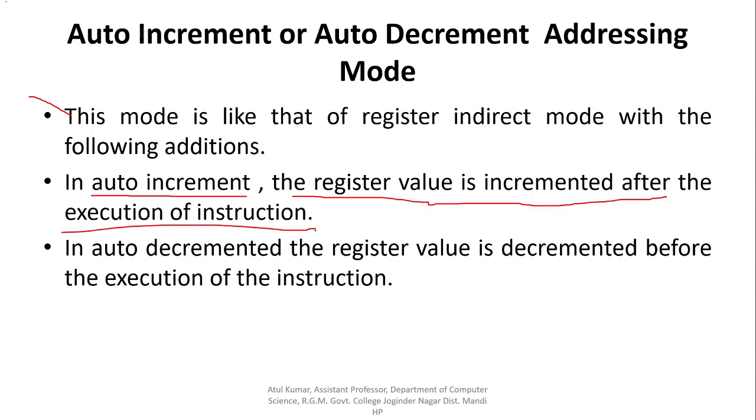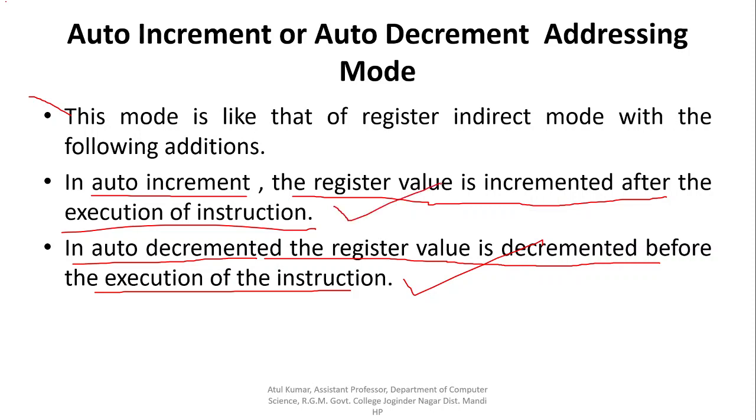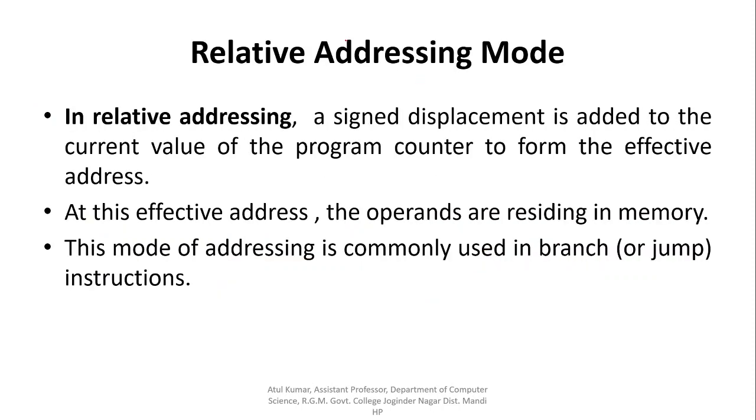So when the instruction is executed, the value of the register is incremented, or it will specify how much increment to apply to the value of the register. In case of auto decrement, the value of the register is decremented before the execution of the instruction, and in case of auto increment it will increment after the execution of the instruction.